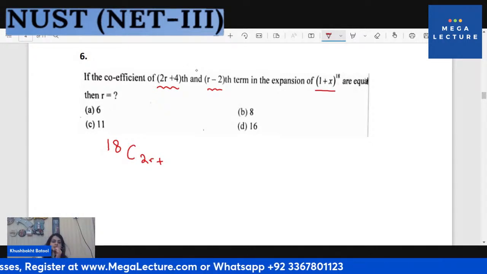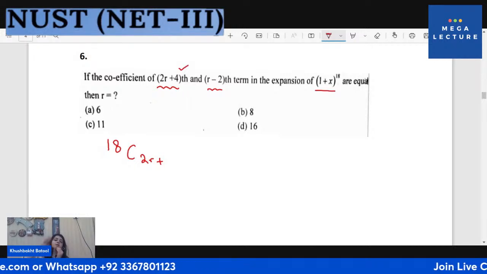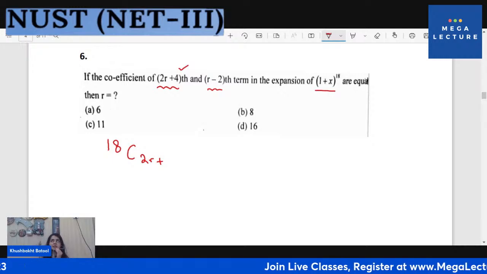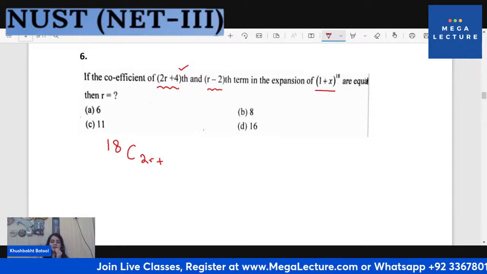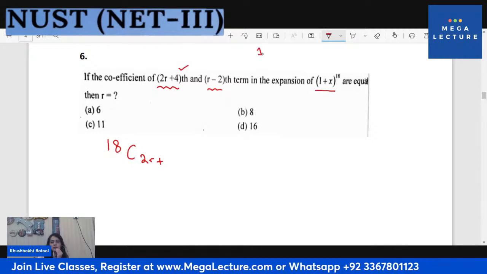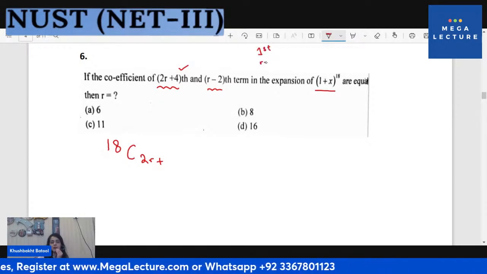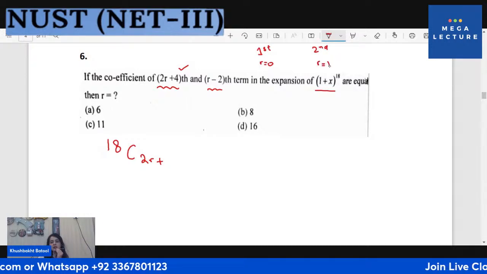Now what do we know? As I've just told you, the term number is one more than the value of r. For example, for the first term, r is 0. For the second term, r is 1.